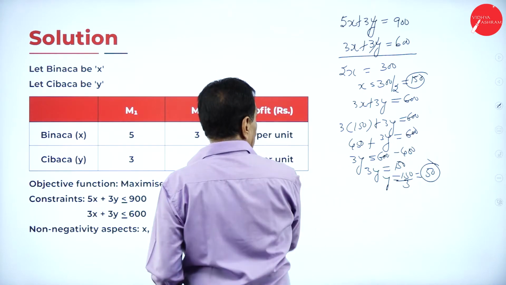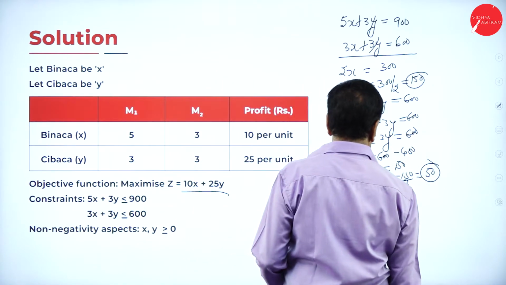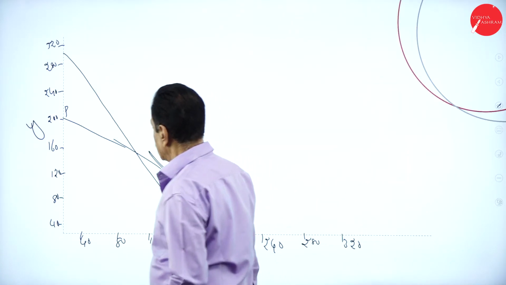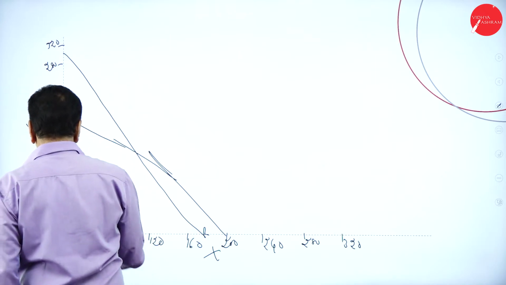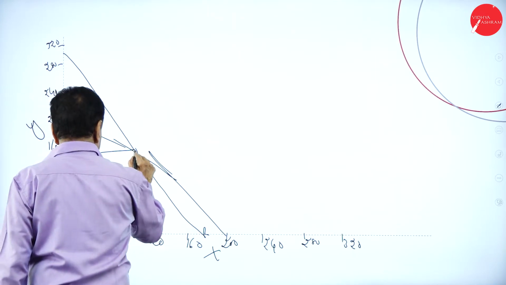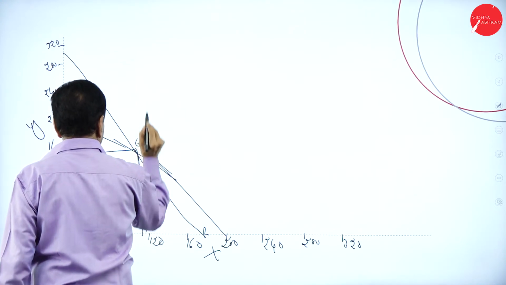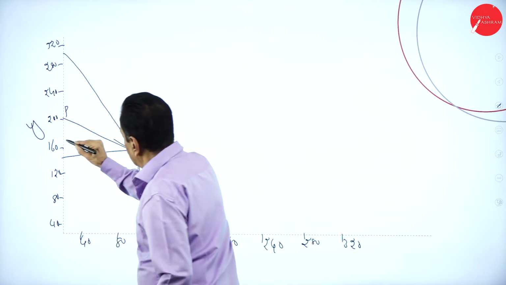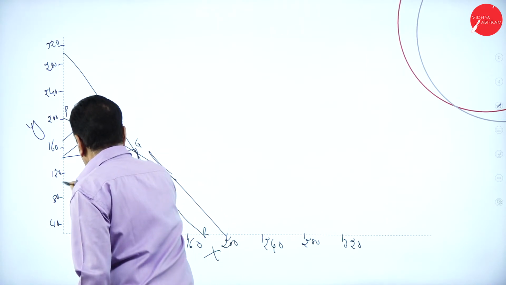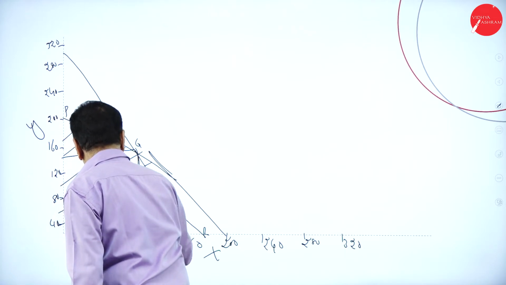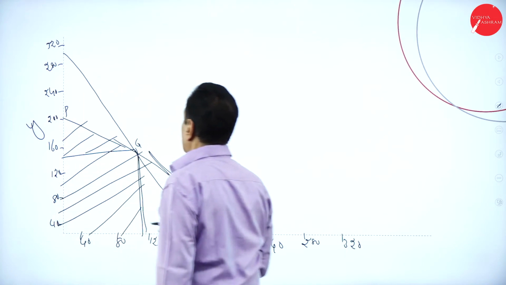So X value should be 150, Y value should be 50. Somewhere. This is Q. Q value. Join. Put the values there.